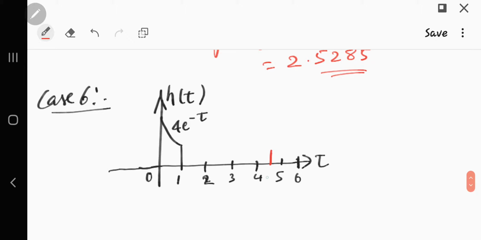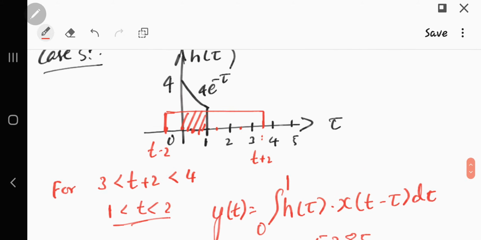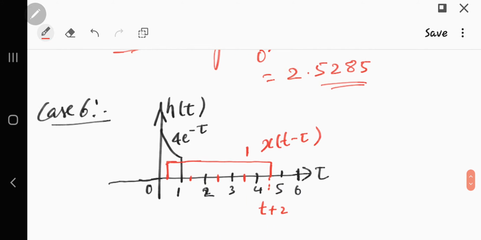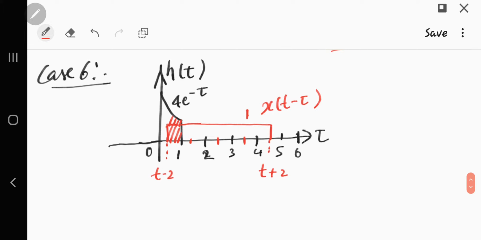So here is the signal t plus 2. Now 4 divisions, 1, 2, 3, 4 here. So this is my x of t minus tau with amplitude 1. I think I forgot to write here. Amplitude 1. Now this point is my t minus 2. So we got a new limit, the overlapping region, that is from t minus 2 to 1.